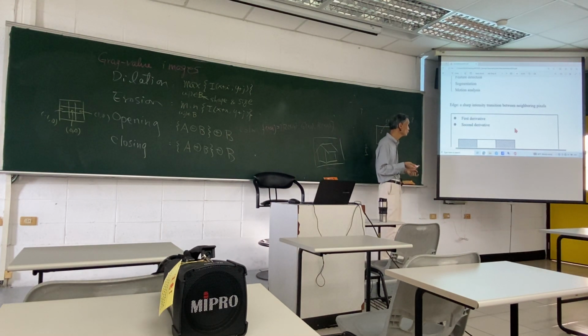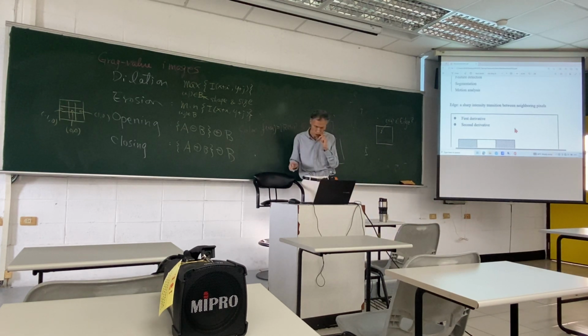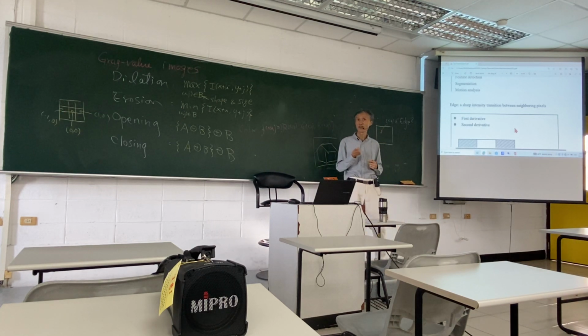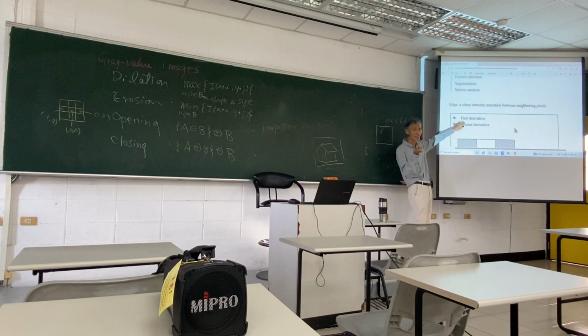Now, how to do it? You have learned something from morphology. To identify the edge, we can apply the first derivative or the second derivative. You call the first a morphological gradient, and for the second derivative, we use the morphological Laplacian.